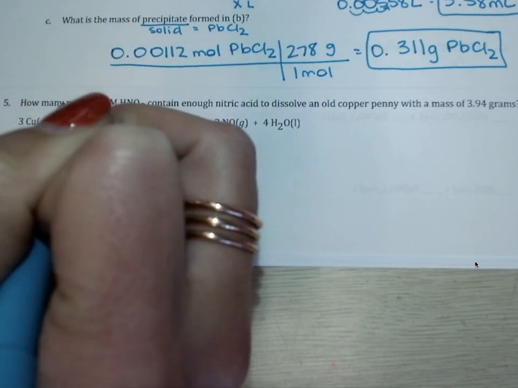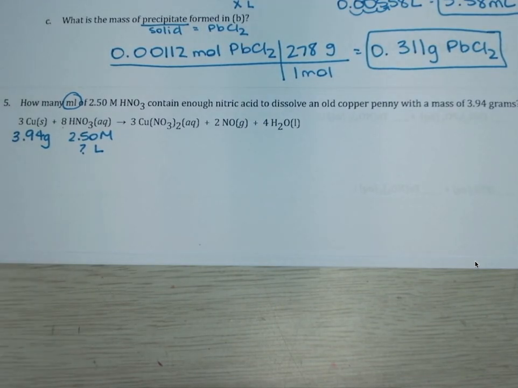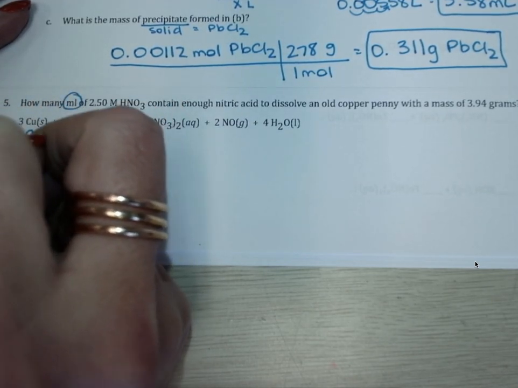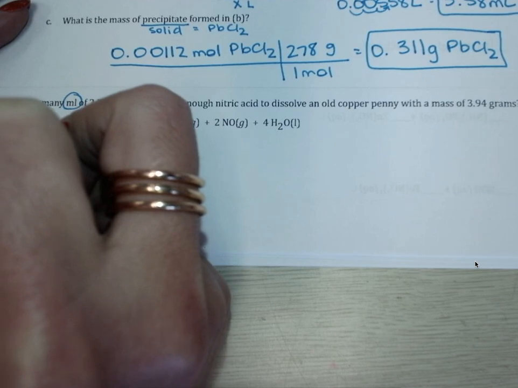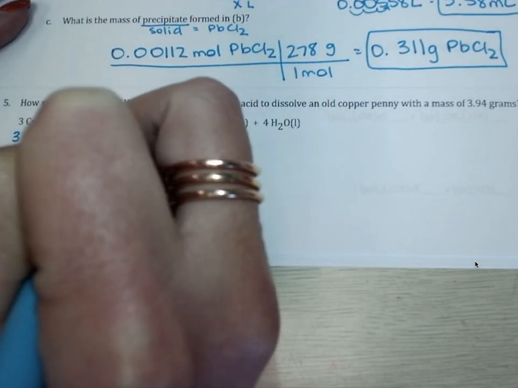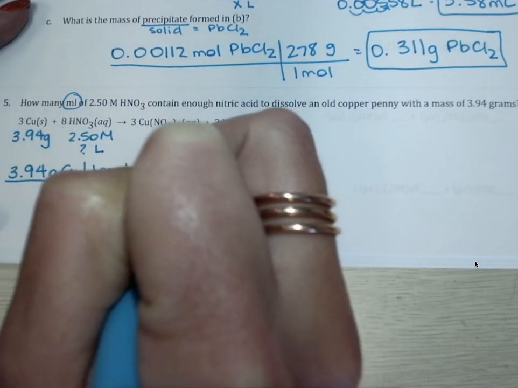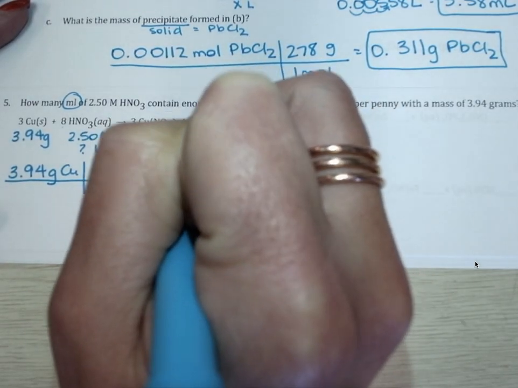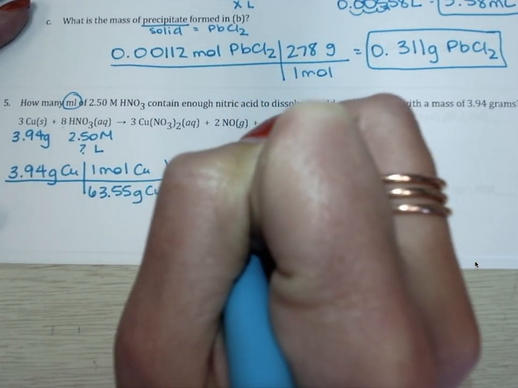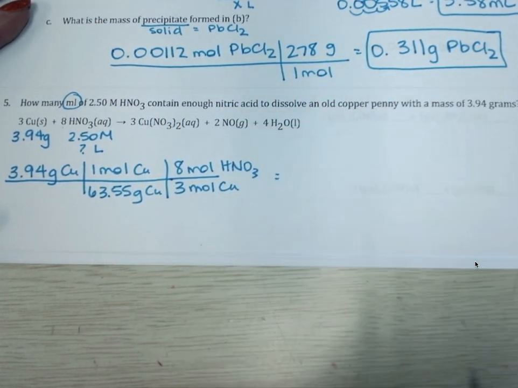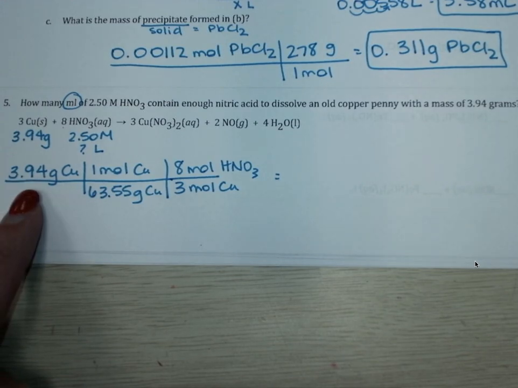I'm going to find it in liters and then convert it to milliliters. So that's my plan of attack. If I start with my given, grams of copper, copper weighs 63.55 grams in 1 mole of copper, and they are in a 3 to 8 mole ratio to moles of HNO3. So I want to stop here.